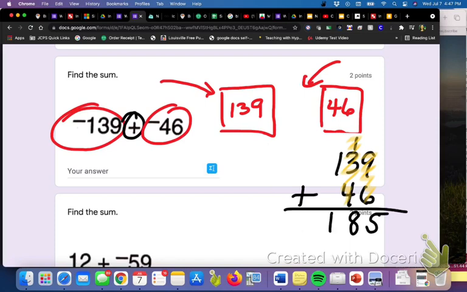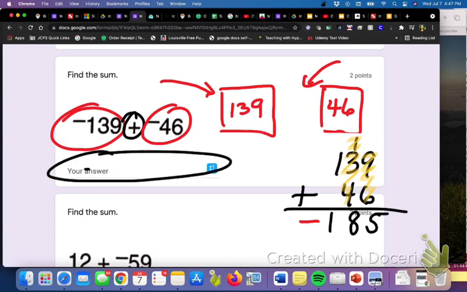So we've got 185. And then because it was a negative number being combined with another negative number, we again just have a big pile of negatives. So that would be a negative 185. So you're going to type into that answer box negative 185 into the first answer box.